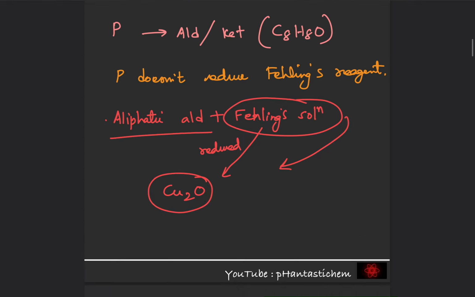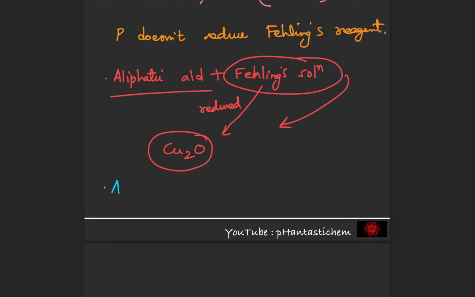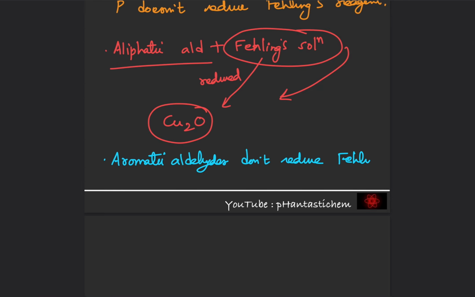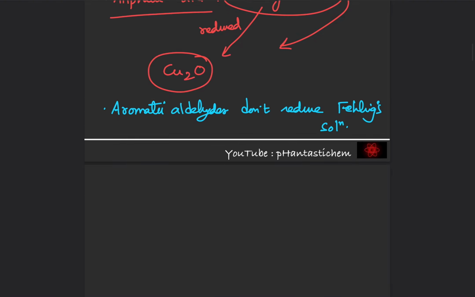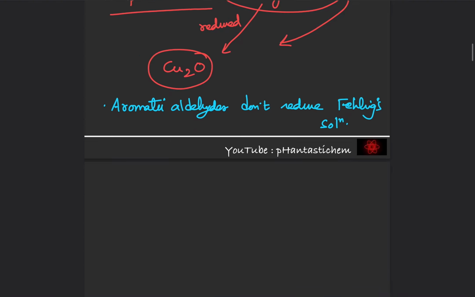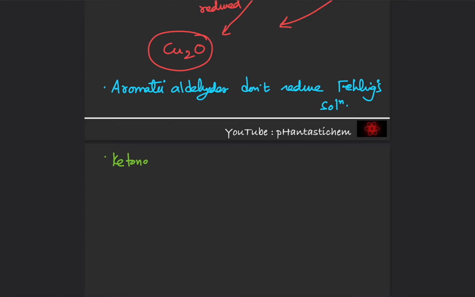Aromatic aldehydes don't reduce Fehling's solution, very important. And obviously ketones, whether they are aliphatic or aromatic, don't reduce Fehling's solution. This is because Fehling's solution is a weak oxidizing agent, so it does not work with ketones.